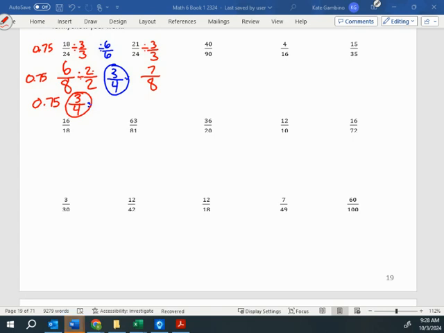I'm going to check my decimal. 21 divided by 24 is 0.88. 7 divided by 8 is 0.88. I know they are equivalent, so I did my math correctly. We always check the decimals to make sure we're doing our math correctly.